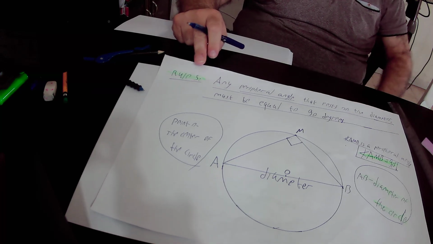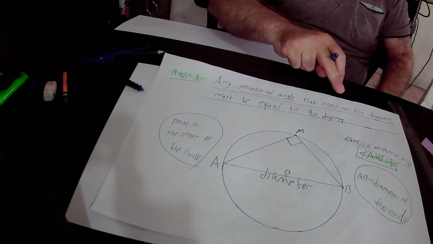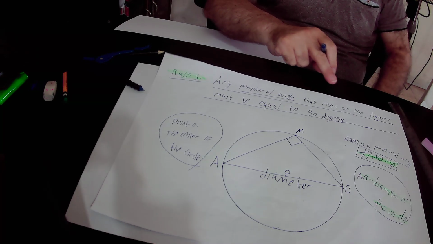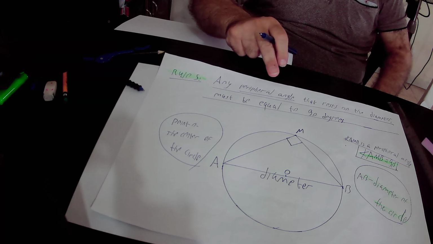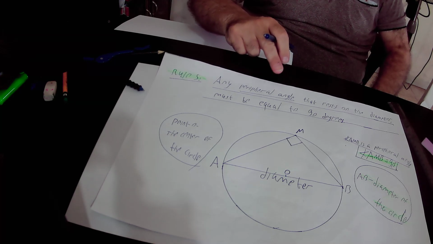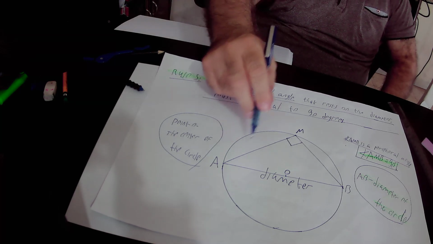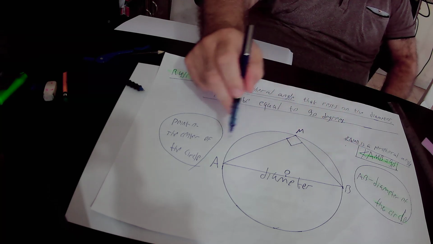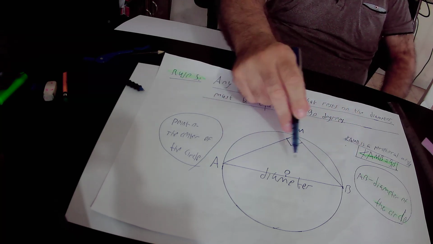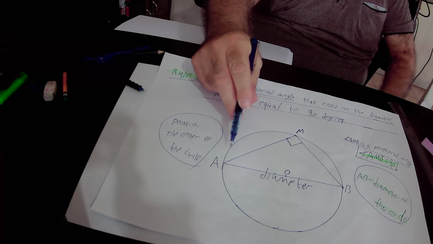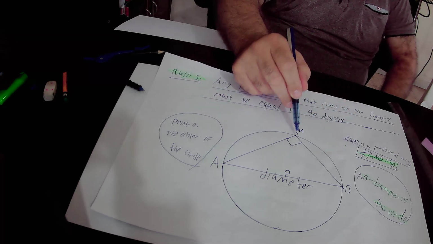And again, any peripheral angle that rests on the diameter of a circle must be equal to 90 degrees. Here we have peripheral angle AMB that rests on AB, that is the diameter of the circle. Therefore, peripheral angle AMB equals 90 degrees.